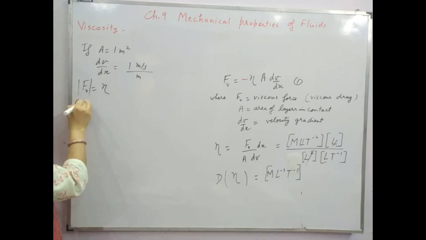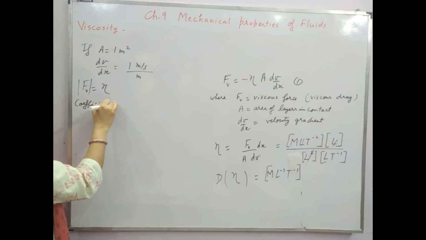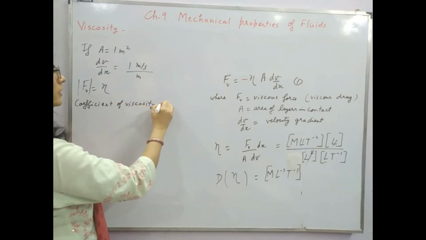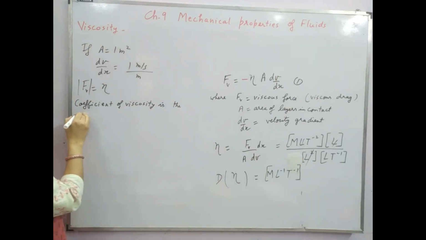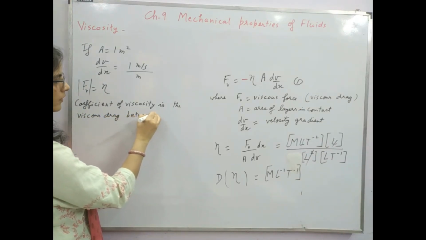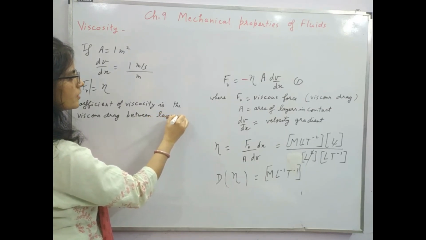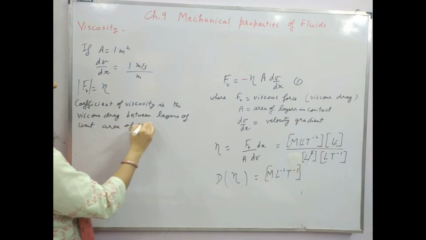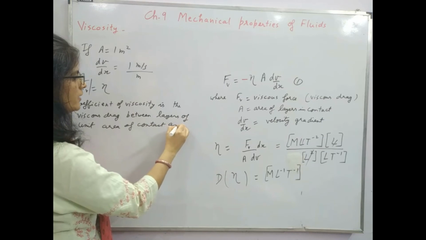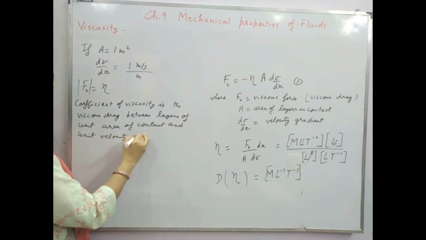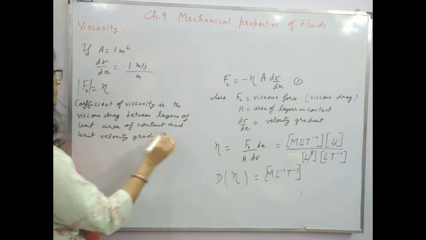So I can say that the coefficient of viscosity is the viscous drag between layers of unit area of contact and unit velocity gradient, right?